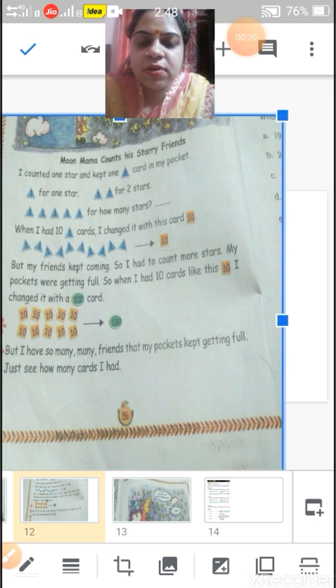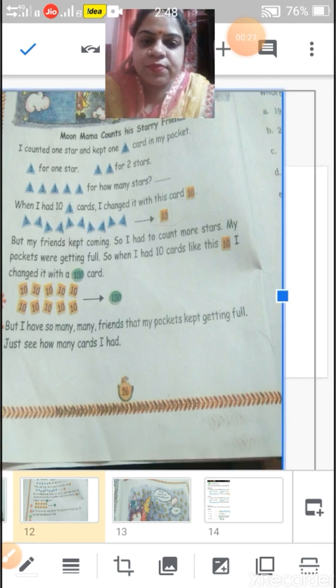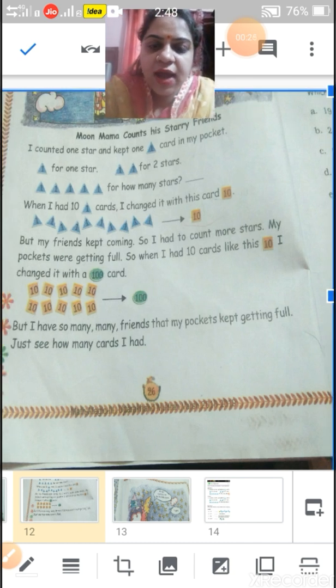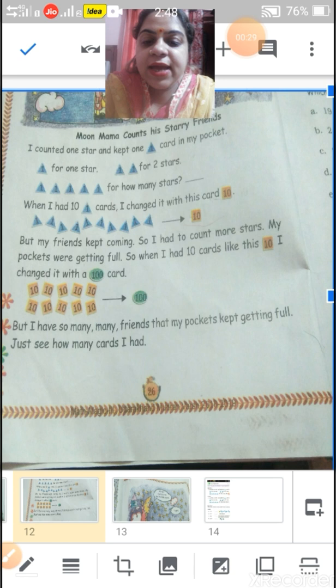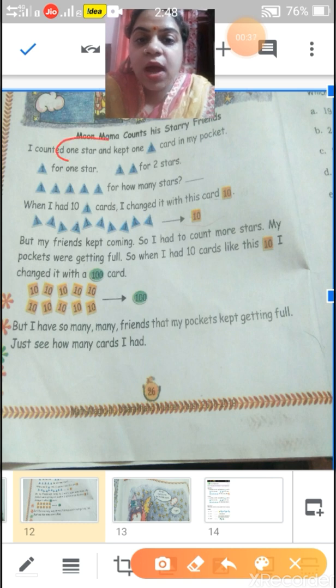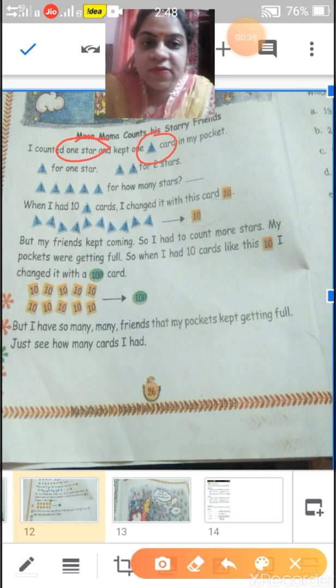Look, have a look. I counted one star and kept one. Like he was using one star like this. Okay. Now for 2 stars he will use like this.